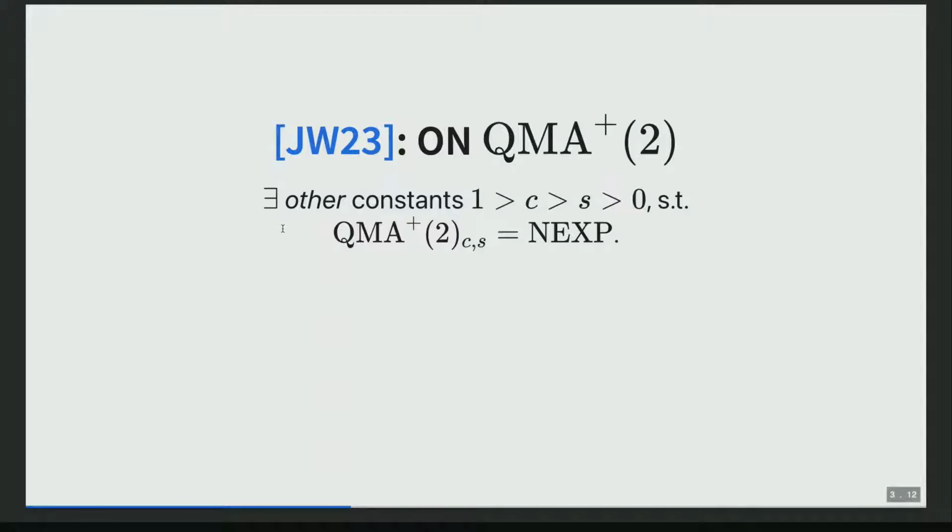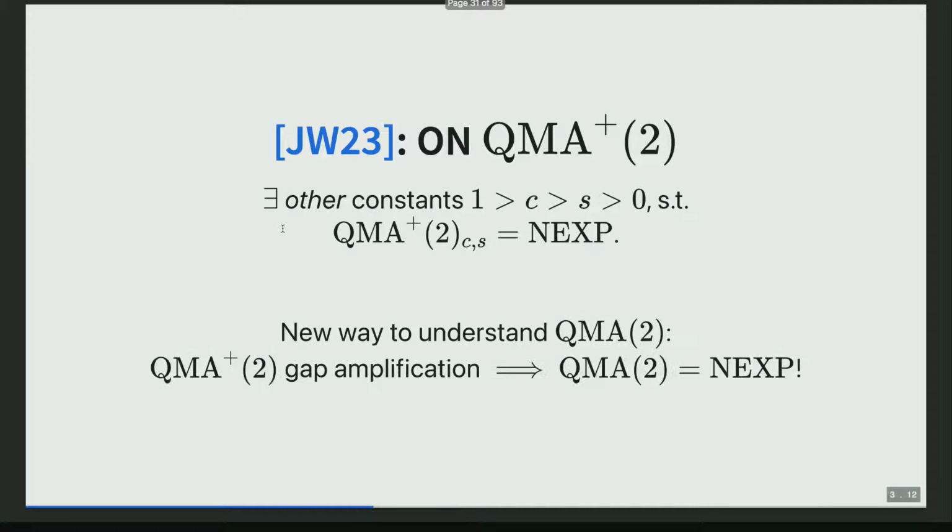On the one hand, QMA2 plus is equal to QMA2 for some gap. And on the other hand, QMA2 plus is equal to NEXP for a different gap. And so if this gap doesn't really matter, if you can gap amplify, then that would imply that QMA2 equals NEXP. And I think this was a really exciting result because it gave you a new opportunity to study QMA2.